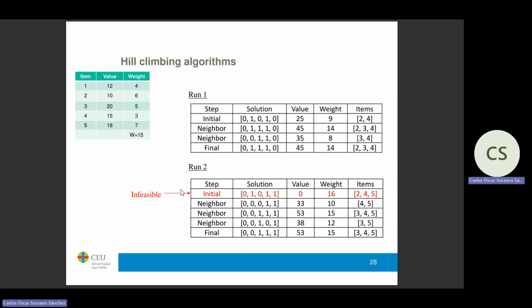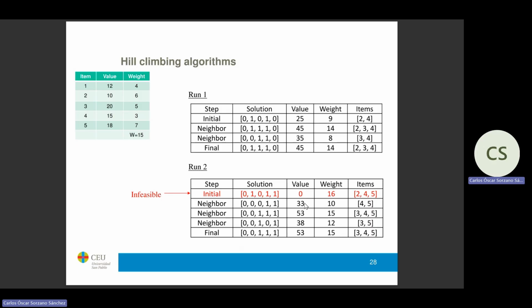Okay, so now let's say that I start from this solution that again is random, and the weight of this solution is 16, so it is infeasible, and the value of an infeasible solution is 0. I compute one of the neighbors. One of the neighbors is this one, that is simply changing the speed.